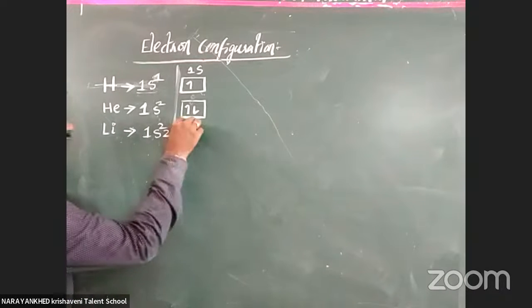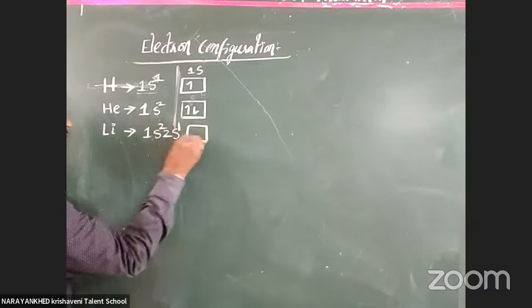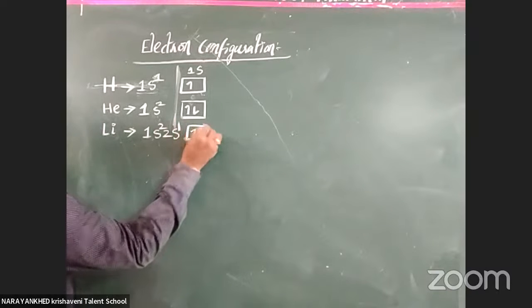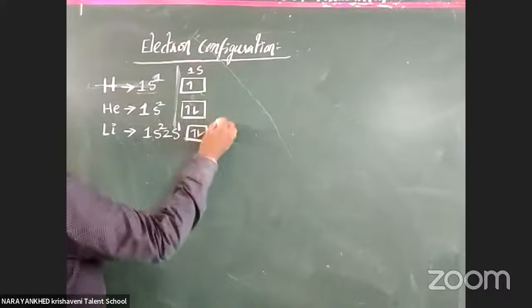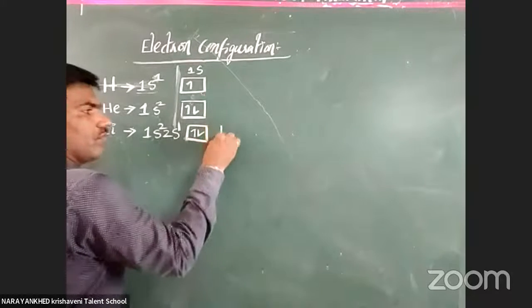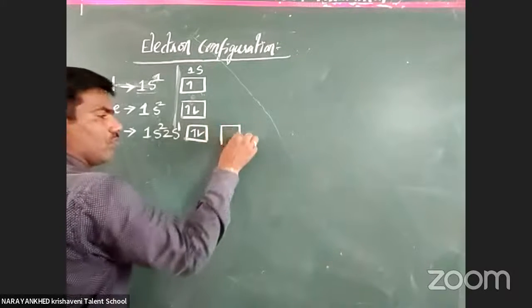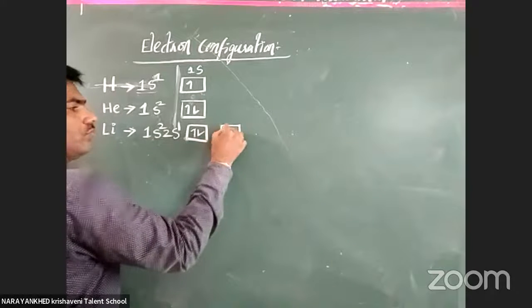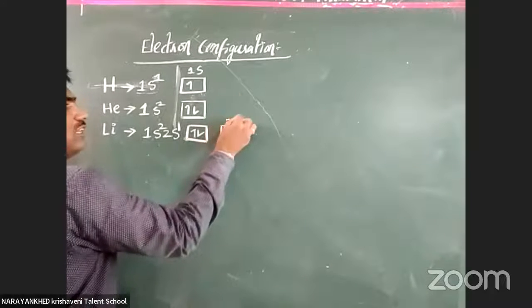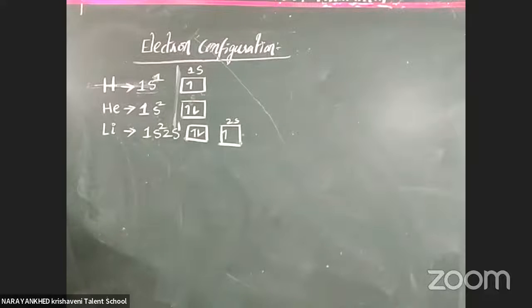Okay, now how we write it is like this. This is where the 2s started. Clear or not?